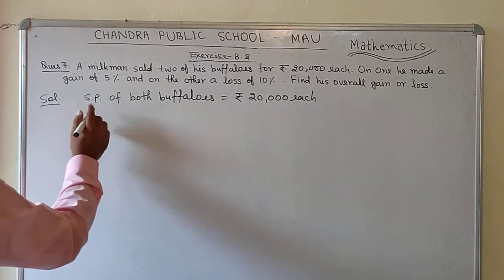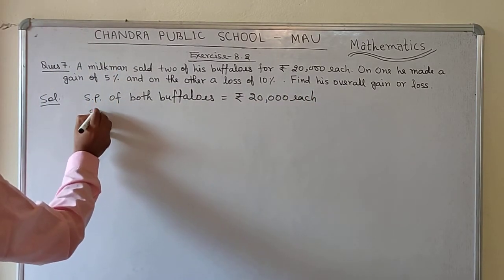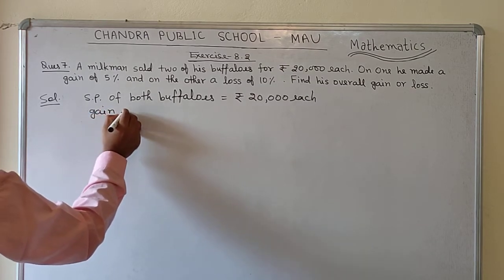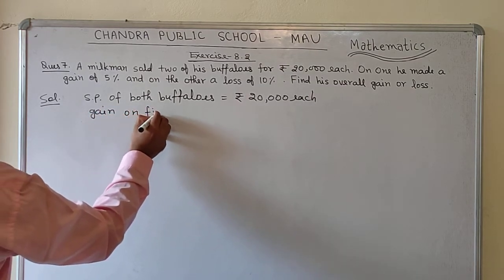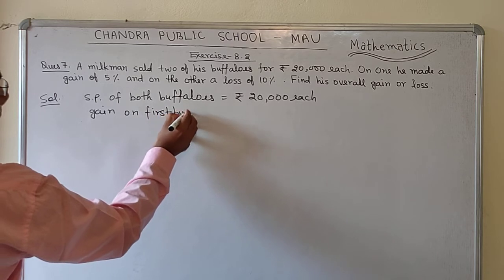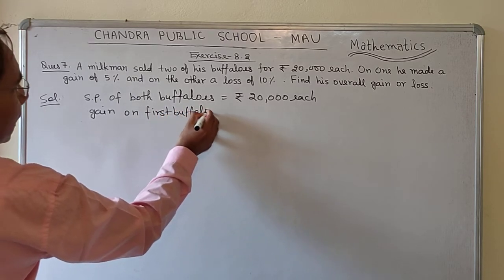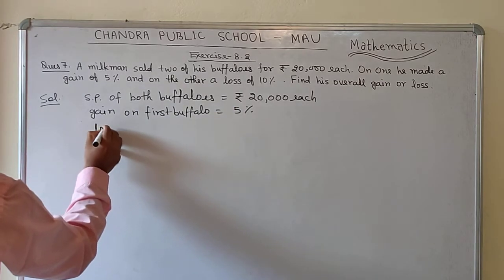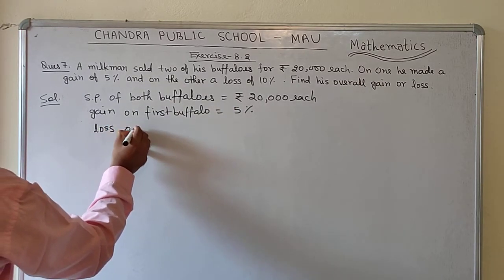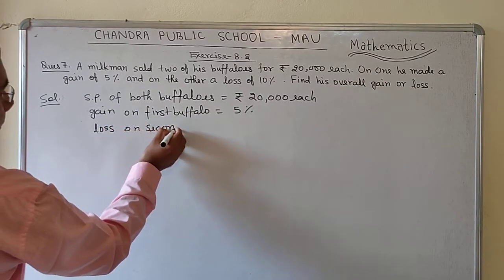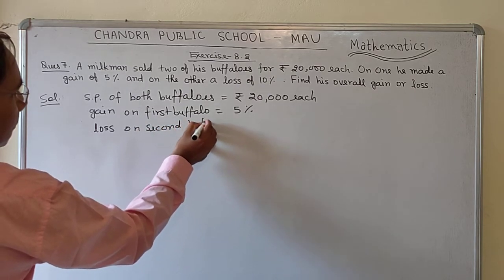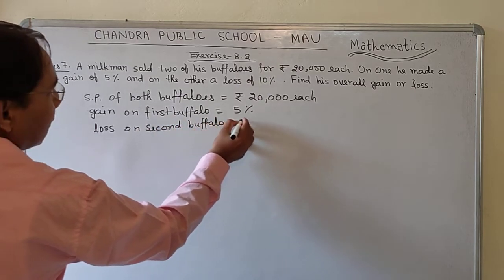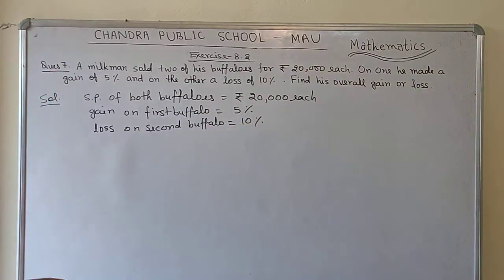Now the gain on the first buffalo is equal to 5%, and on the second he is going to get a loss. So the loss on the second buffalo is equal to 10%.